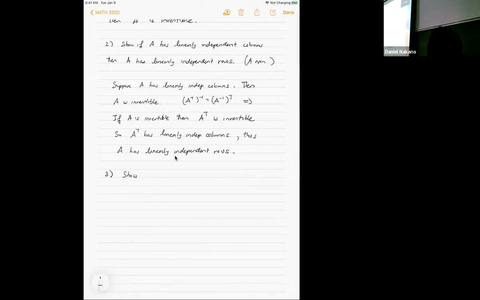Show if A times B is invertible, then B is invertible.